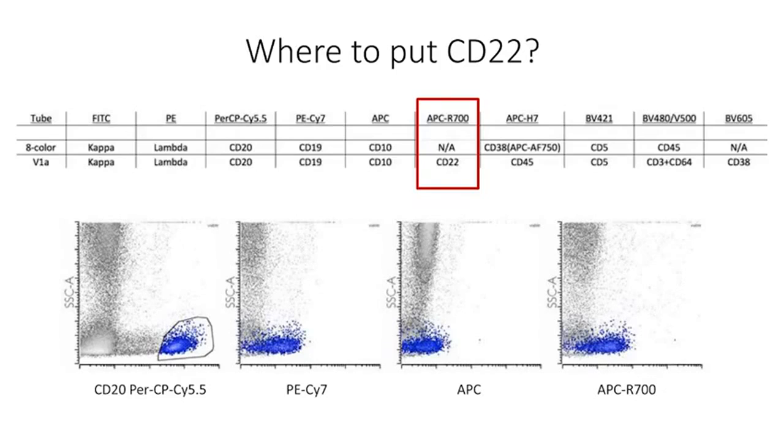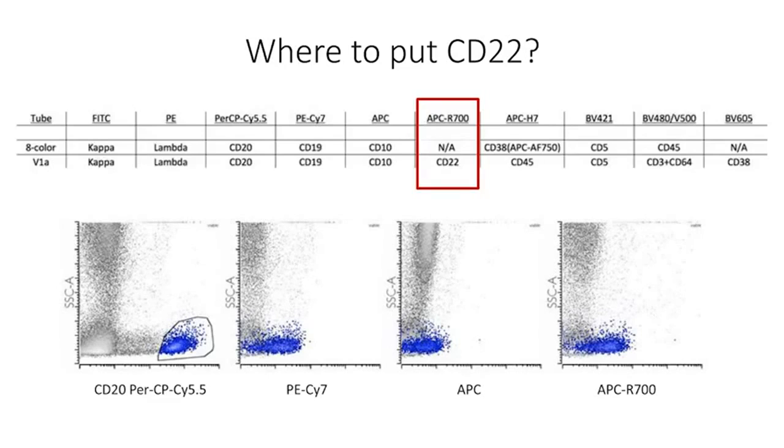APC R700 was actually a very attractive place to put CD22. And the reason is shown here in the lower panel. Remember our spillover spread issue. PerCP-Cy5.5, where CD20 is currently in the predicate tube, does spill into both PE-Cy7 and APC R700, and you can see that effect here.